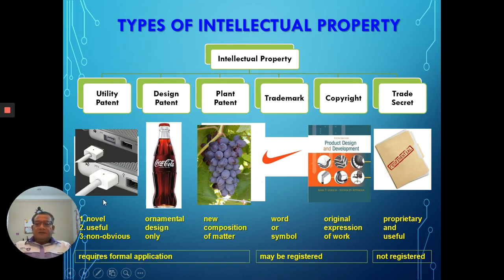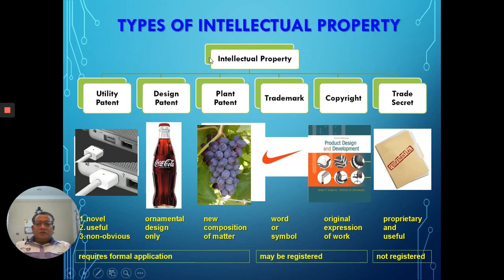This kind of utility patent emphasizes novelty, meaning its uniqueness, and usefulness in terms of its broad format as far as data transfer format is concerned, and it requires a formal application in order to apply under this utility category.